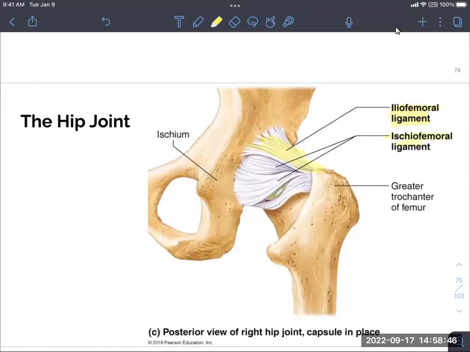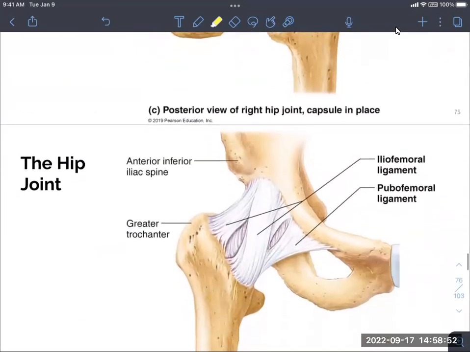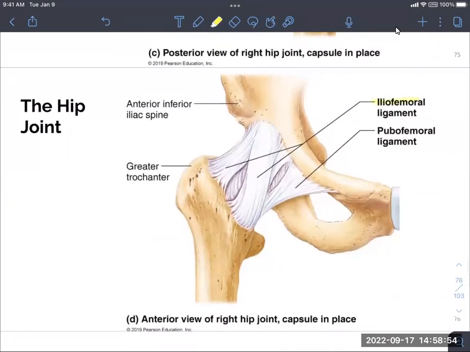We have the ischiofemoral ligament, so that ischium to the femur. From this view, we see the iliofemoral ligament here. There's several. It goes from that ilium to that femur. And the pubofemoral, pubic bone to the femur. That's all holding the head of the femur to that hip joint.